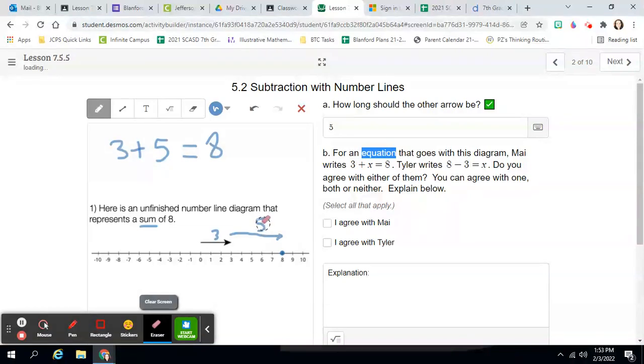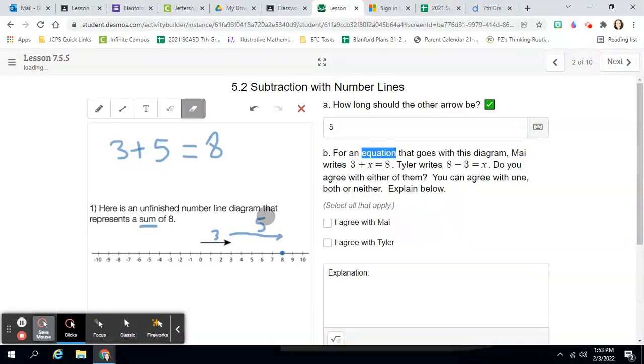Because really, we don't know the number based on the situation, right? So Mai wrote 3 plus x is 8. Well, that's what I wrote, right? Tyler wrote 8 minus 3 equals x.